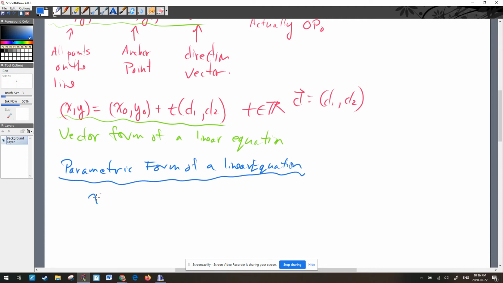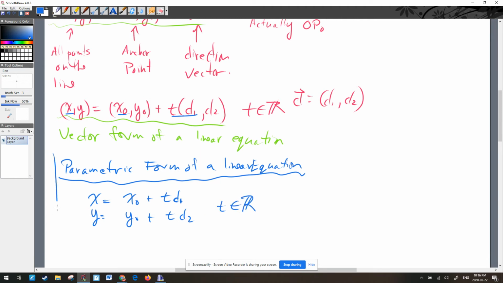It is x equals x naught plus t d1. And so what I've done there is I've just picked off the x coordinate of all of those pieces. And then we're going to have a similar equation that's y equals y naught plus t d2. Okay. And so again, here still, t is a member of the reals.